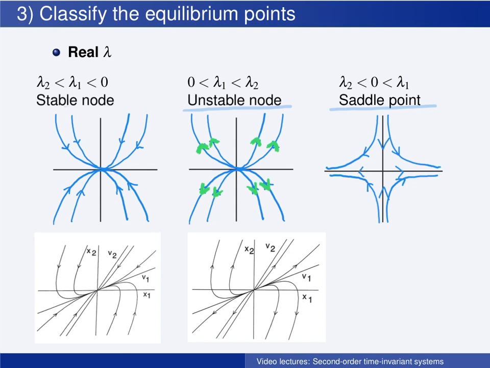And along the x2 axis, which corresponds to the stable eigenvalue lambda 2, the trajectories move towards the equilibrium point. And the other trajectories have hyperbolic shapes, none of them moving towards the equilibrium point. So the only trajectory that moves towards the equilibrium point is along the x2 axis.